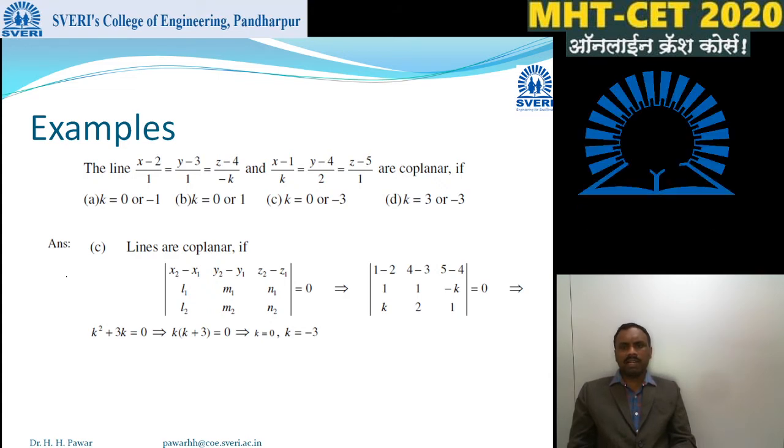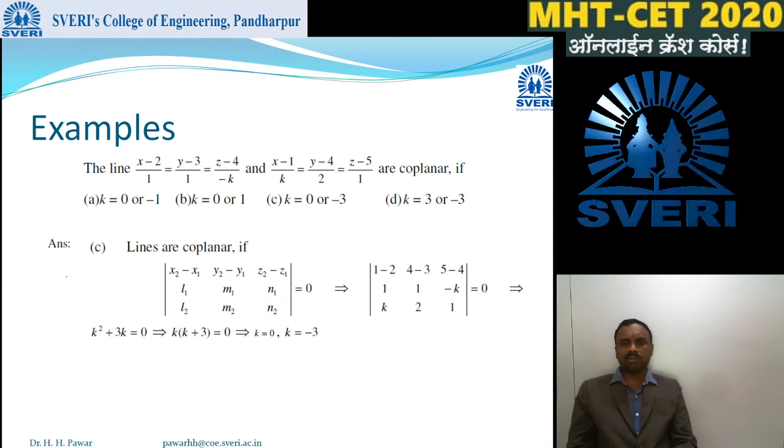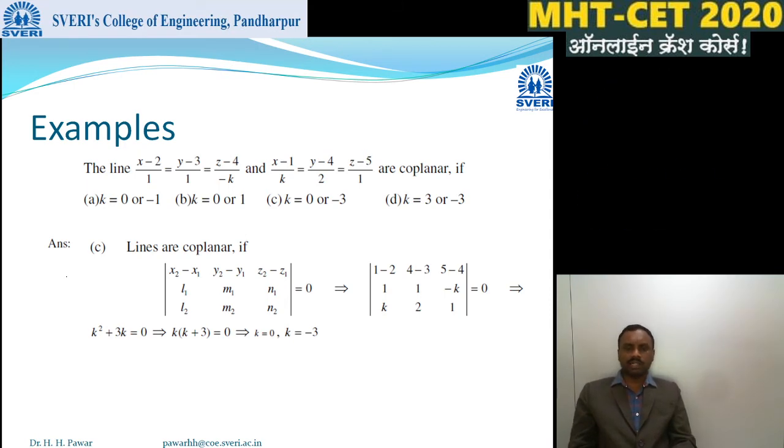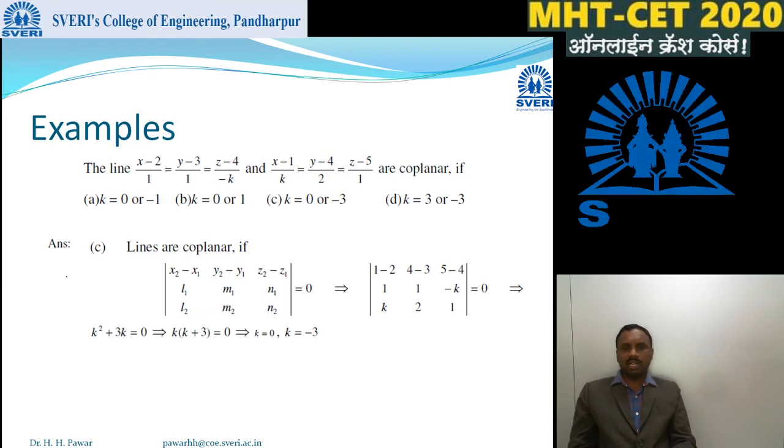As we know, if two lines are coplanar, then the determinant with rows x2 minus x1, y2 minus y1, z2 minus z1; L1, M1, N1; L2, M2, N2 is equal to 0.